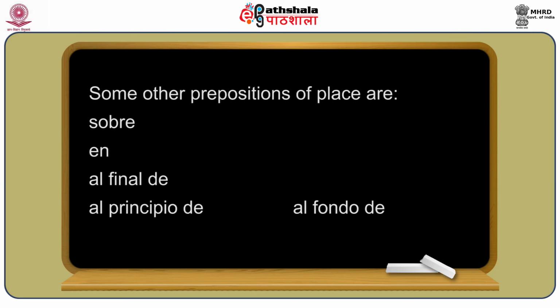And apart from these, there are some other prepositions of place which are sobre, meaning above, en, which means on, al final de, meaning at the end of, al principio de, means at the beginning of, al fondo de, meaning at the end of, cerca de, meaning near from, lejos de, meaning far from, fuera de, meaning outside, alrededor de, which means around, junto a means close by.